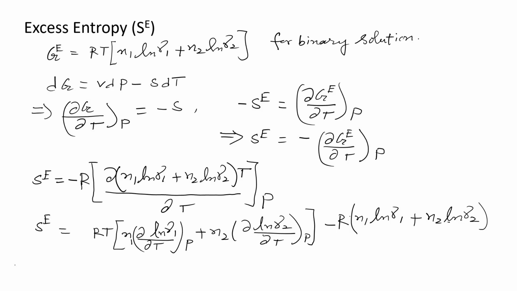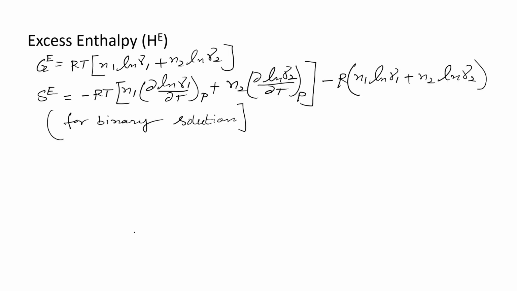So first function, differentiation of the second, then the second function as it is, differentiation of the first, that is dT/dT equal to 1. So this is the expression, with the minus R, for the excess entropy, right?